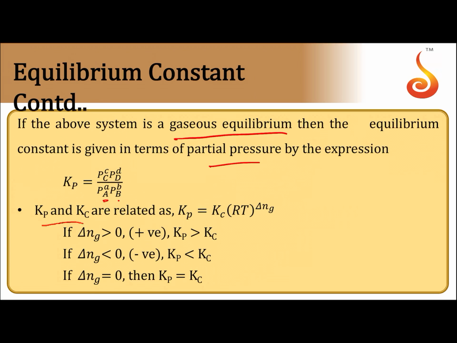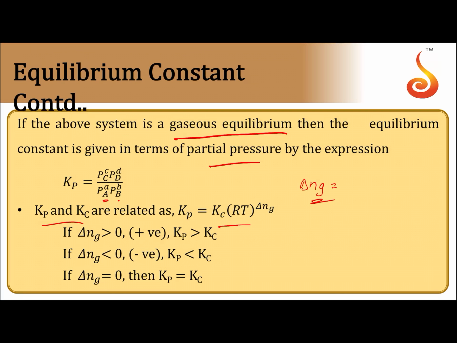And Kp and Kc are related as Kp is equal to Kc into RT to the power of delta n. This delta n is the number of moles of gaseous products minus the number of moles of gaseous reactants, so the difference between the number of moles of gaseous products and gaseous reactants we have.